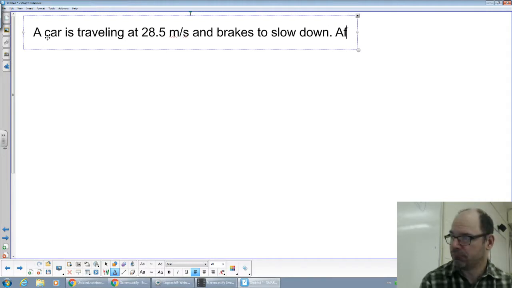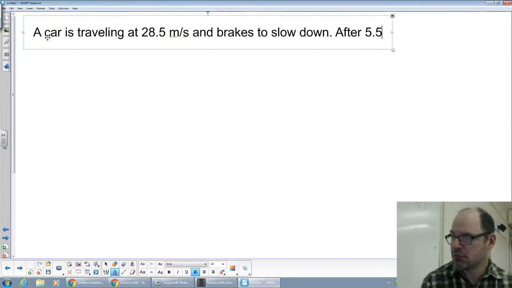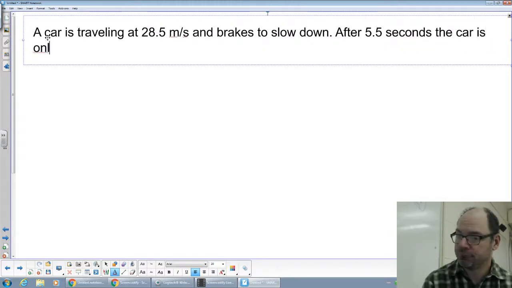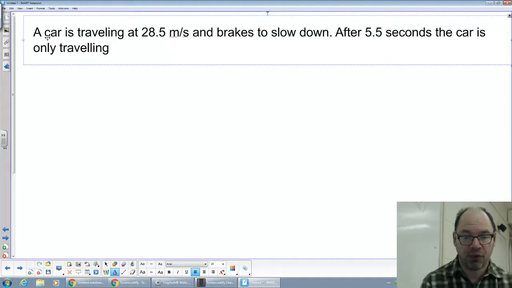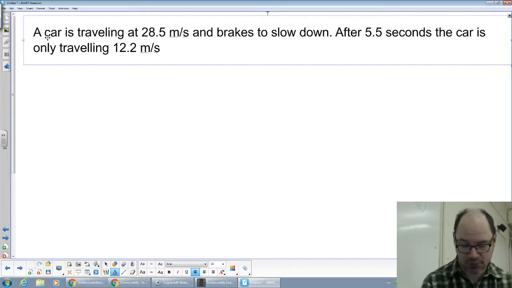After 5.5 seconds, the car is only traveling 12.2 meters a second. And what is the power of the brakes applied?